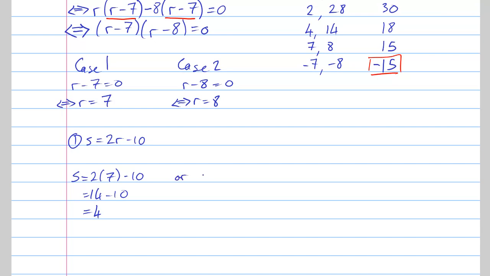Or we have another case where s is going to be 2 times 8 minus 10, which will be 16 minus 10, which is 6. So our solutions are, if r is 7, then s is going to be 4. Alternatively, if r is 8, then s is going to be 6.